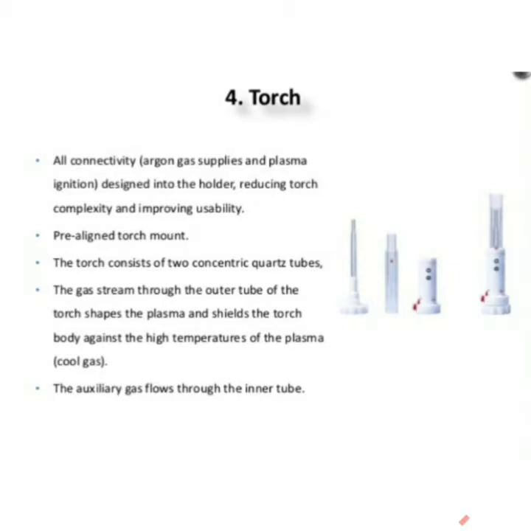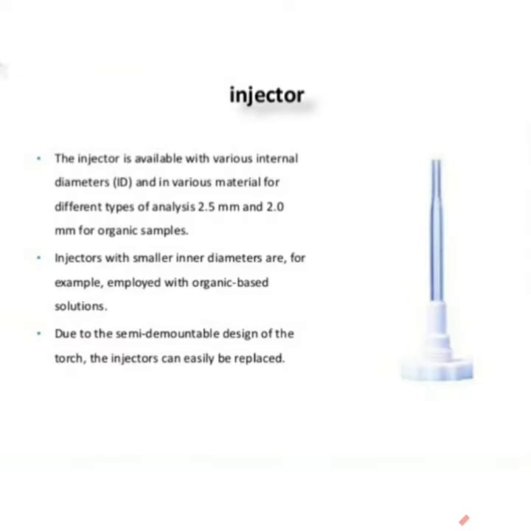Next is the injector. The injector is available with various internal diameters and in various materials for different types of analysis, such as 2.5 mm and 2.0 mm for organic samples. Injectors with smaller inner diameter are, for example, employed with organic based solutions. Due to the semi-demountable design of the torch, the injector can easily be replaced.